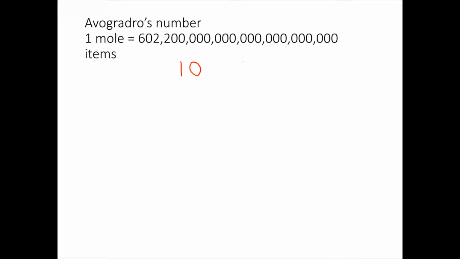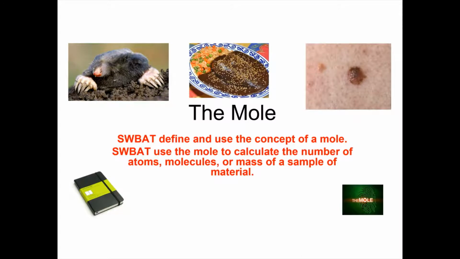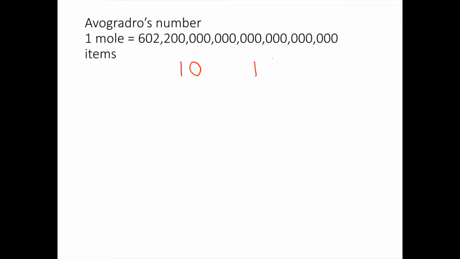In scientific notation, I take a number that's greater than or equal to 1 and smaller than 10, and I multiply it by 10 to the power of 1. So this is equal to 1 times 10, which is equal to 10.